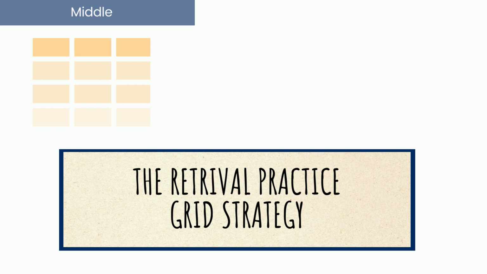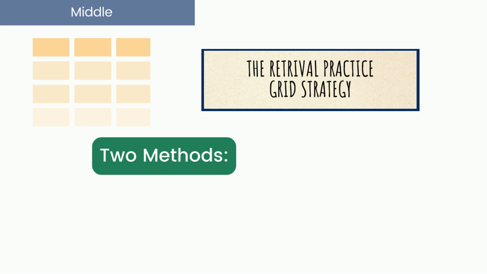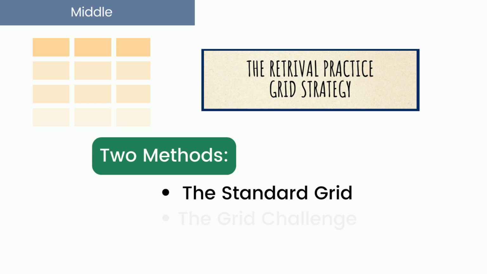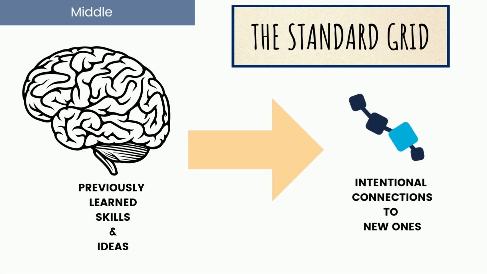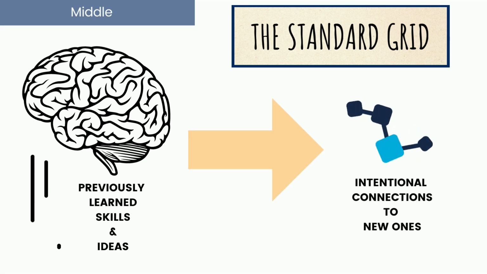There are many different ways to use this strategy, but in this video we will focus on one of the two methods, the standard grid. The first method, the standard grid, is a brain dump of previous learned skills and ideas, followed by intentional connections to new ones.